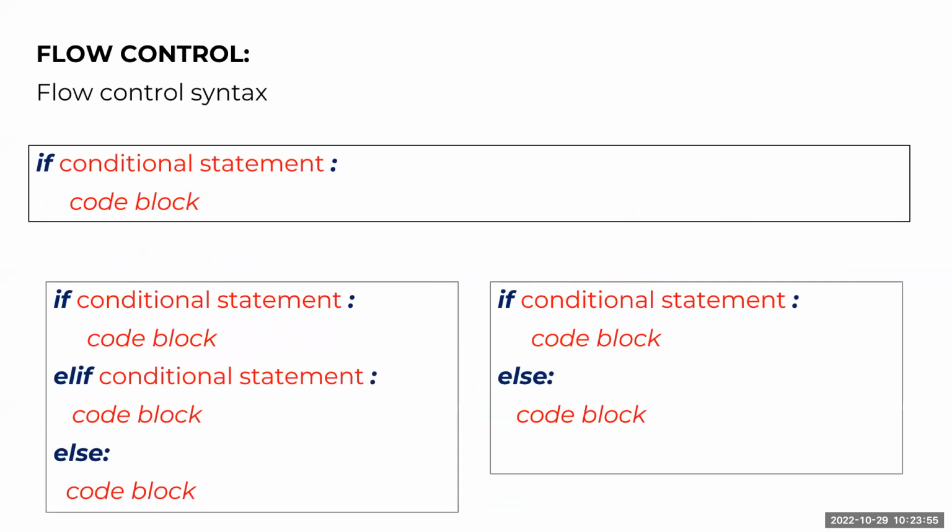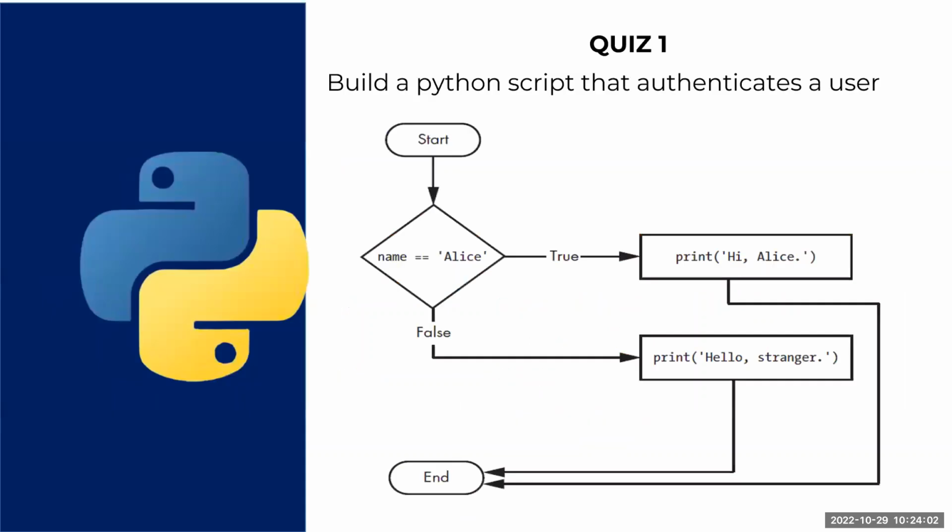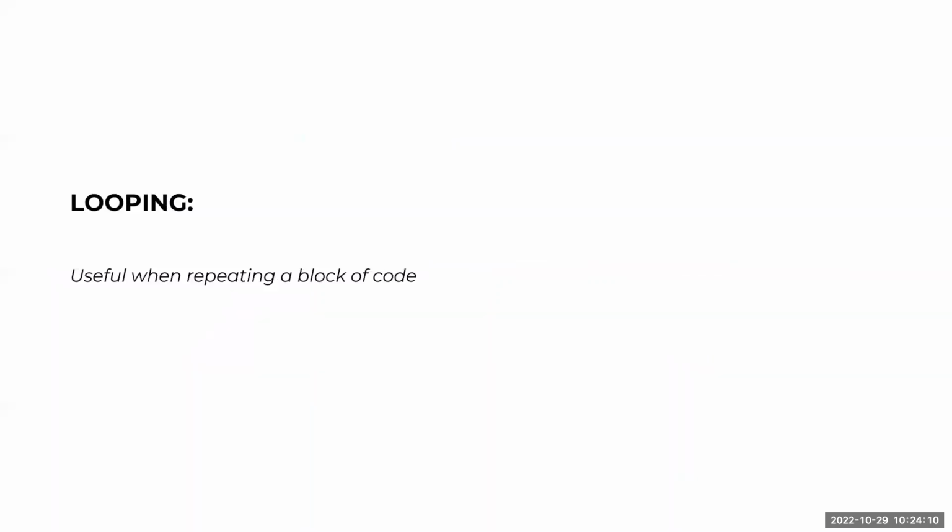We went further to talk about conditional operators and Boolean operators. We looked at the if statement and the different variants: if, else if, else statements. We talked about loops.